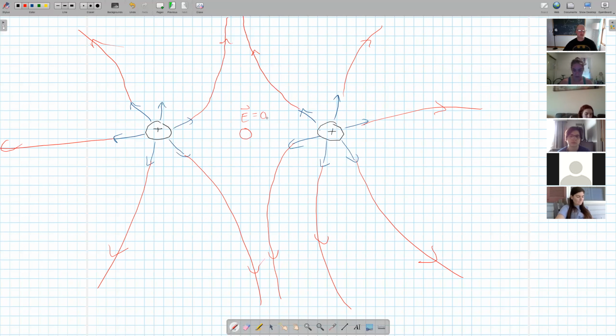Okay. So basically what this means is that electric field lines can't cross. What actually happens is when I have electric field lines that are going to cross each other, they superimpose on top of each other just like waves and forces, and then create an overall electric field at that point. So electric field lines can't cross.